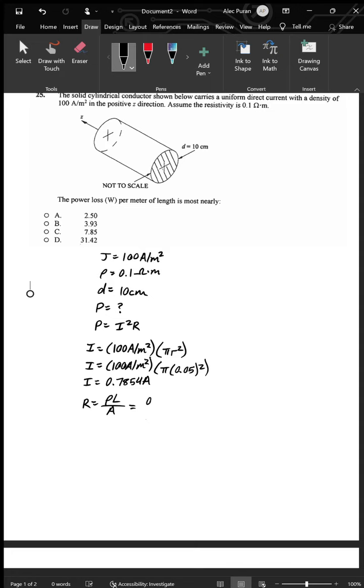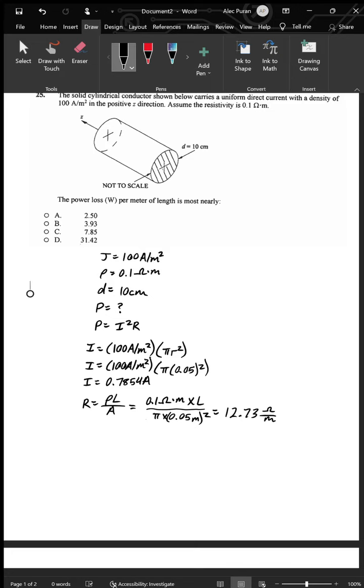So we have our resistivity 0.1 ohms times meters times L over A, A being pi times 0.05 meters squared. And what does this give us? Well, this gives us 12.73 ohms per meter.